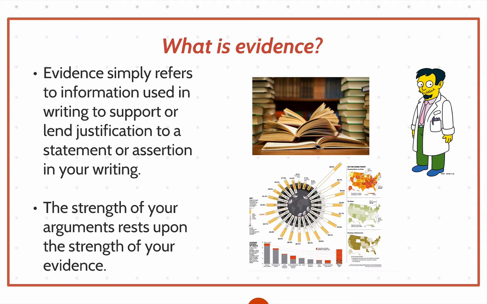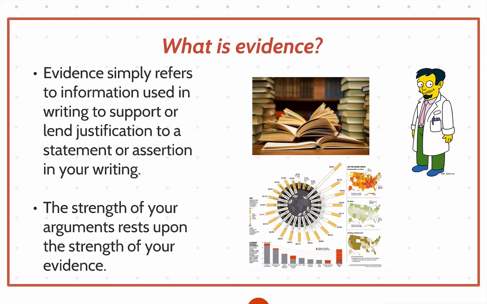But that could be statistical data. It could be the results of empirical analysis. It could be expert opinion. When you think of evidence, you have to think expansively, and you also have to know the context in which you're writing, so you know what is the appropriate form of evidence. And ultimately, how strong, how persuasive your arguments are will rest upon the strength of that evidence.